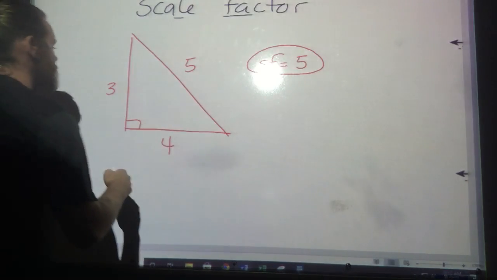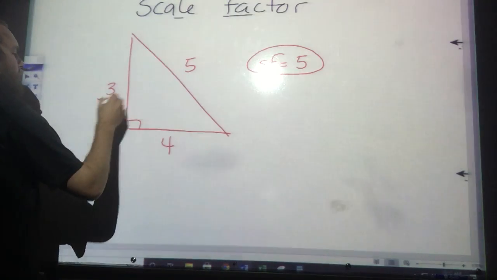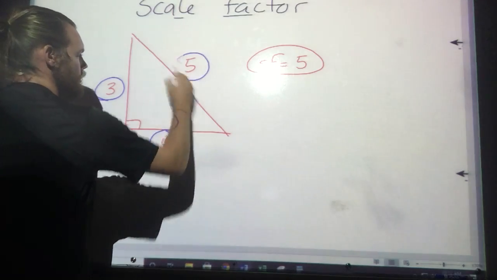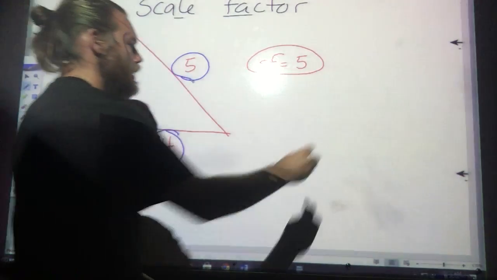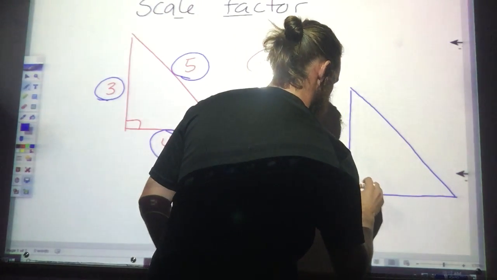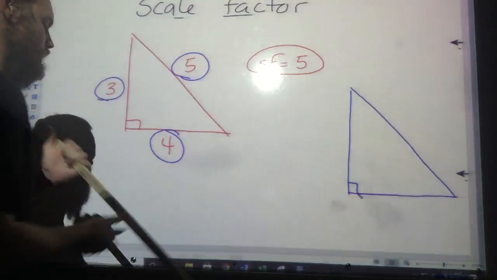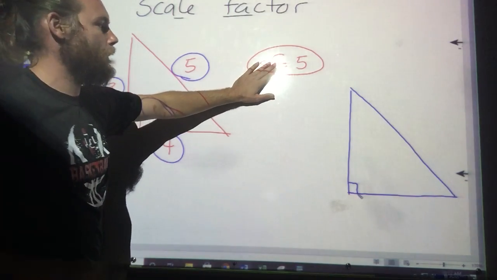So, I know that to create the bigger or the new image, I'm going to take these measurements and multiply by my scale factor. Okay? So, to create the new image, I'm going to take these sides and multiply by the scale factor.